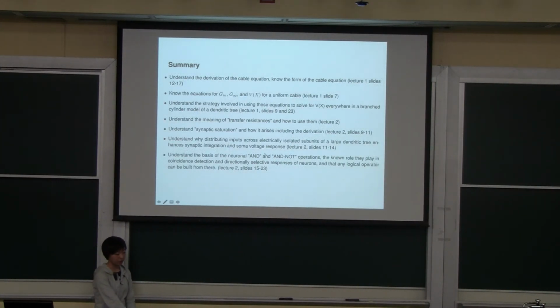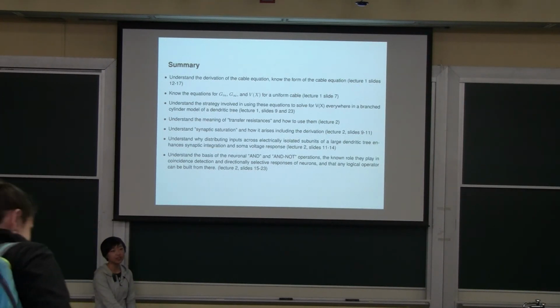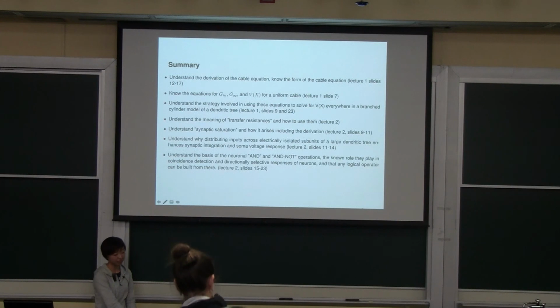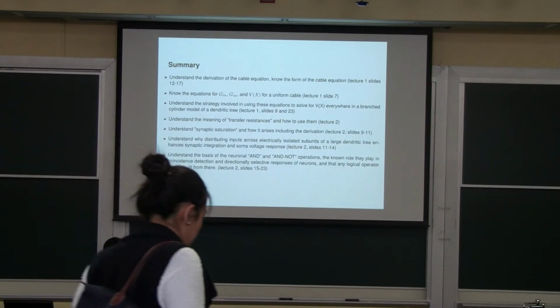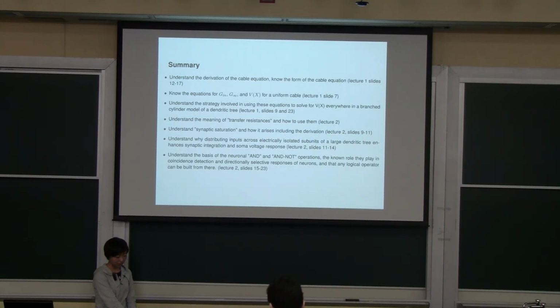You can just briefly go through it by yourself. Again, you don't have to remember any complicated equations, and you won't need any calculator in your exam. All right, I guess I will stop here. If you have more questions, you can come to me and talk. And I'll upload those slides.